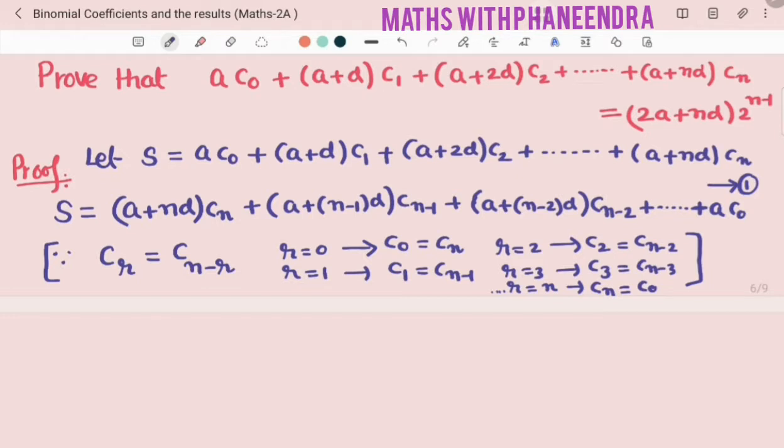So S is equal to, wherever Cn is there I am going to replace with C0. So (a plus nd), in place of Cn here, C0 I am writing. Next (a plus (n minus 1) into d), in place of Cn minus 1, C1 we can write.